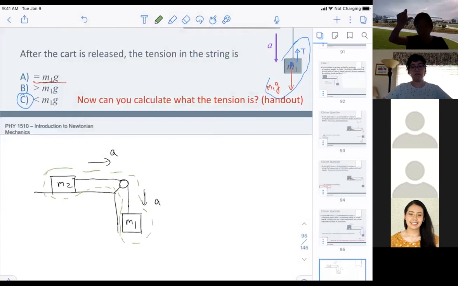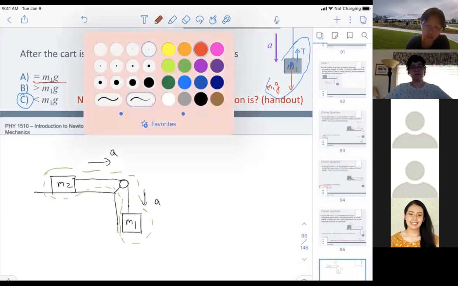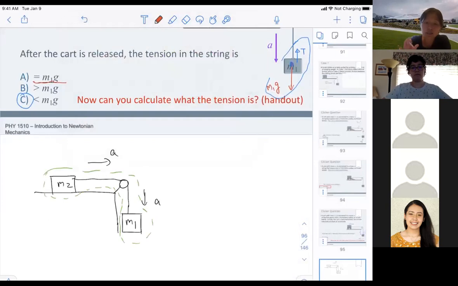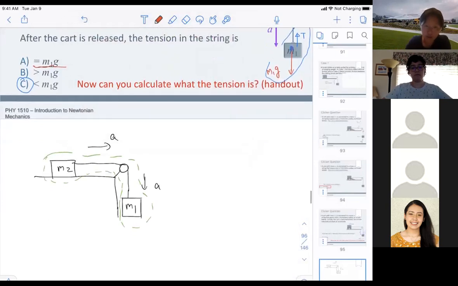And they're moving in this direction. How fast they speed up or slow down, what is the acceleration, will depend on the different forces that are acting along that direction. So you can see that if I view them as an entire piece, what is the force that is responsible for speeding them up? Which is what force?